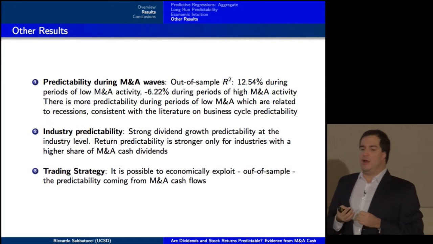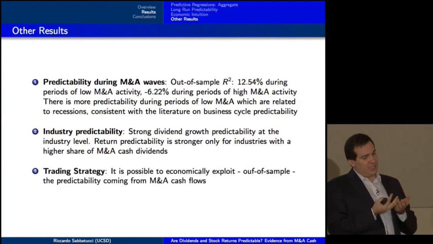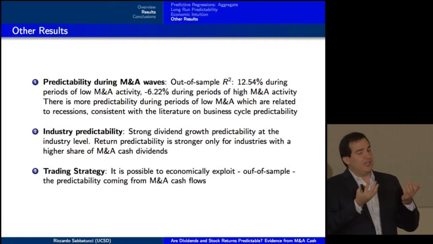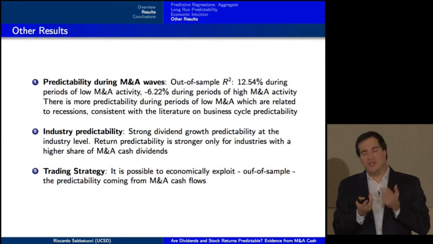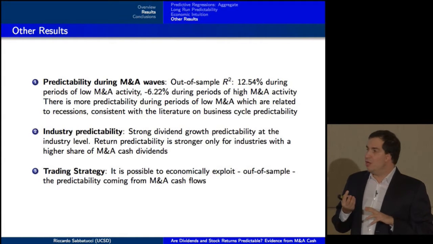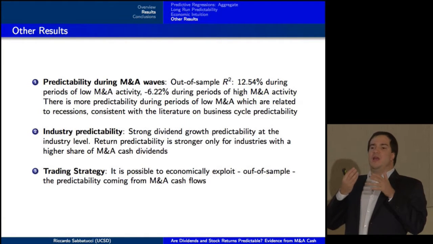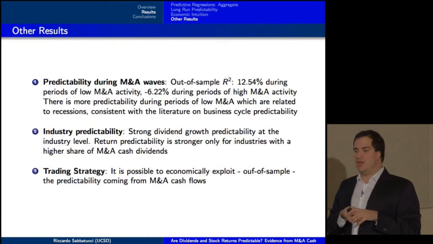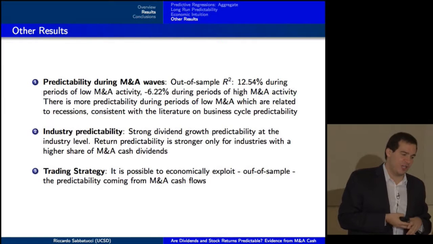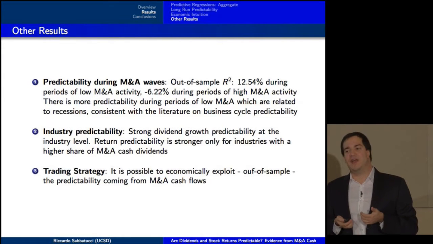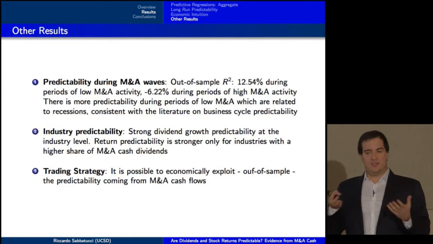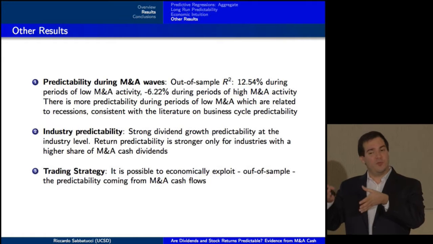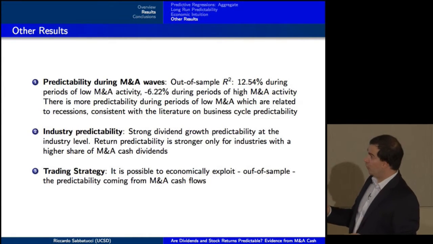And lastly, I showed you that these cash M&A dividends have predictive power for aggregate quantities like dividend growth and consumption growth. So a question is, can we economically exploit this predictability? And I do build a trading strategy that tries to exploit this predictability, and I find it to be more profitable than a standard trading strategy that only exploits information in the standard dividend price ratio.